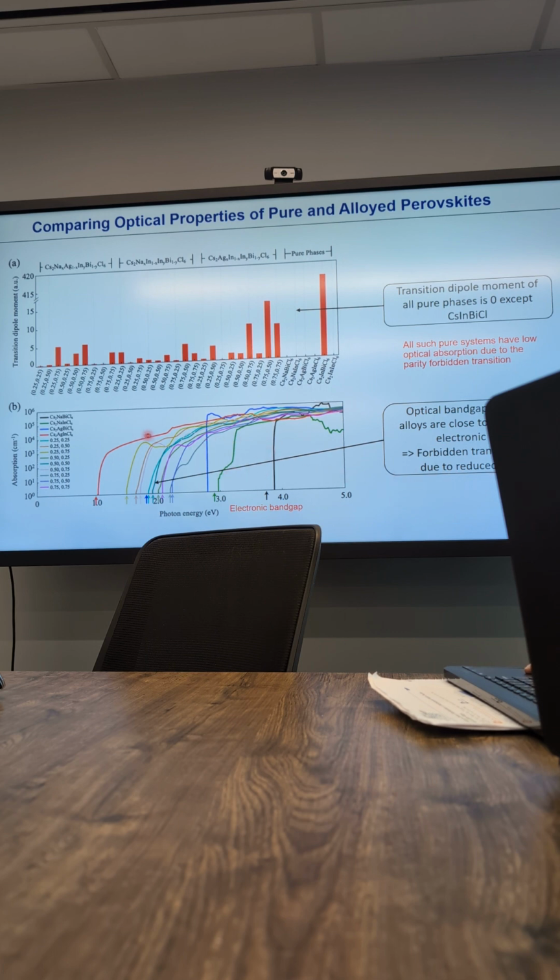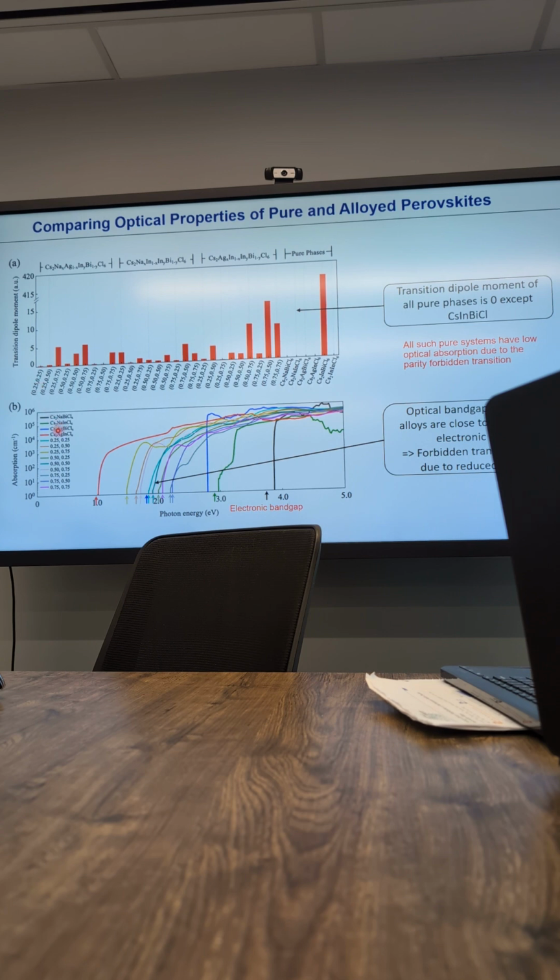And so lastly here, what they tried to do was show the absorption spectra, and this time they showed 4 pure phases and all the alloys. These curves are the absorption spectra, and these arrows are the calculated electronic band gaps. Usually, if they calculate the electronic band gap, that is the value for only the pure phases.